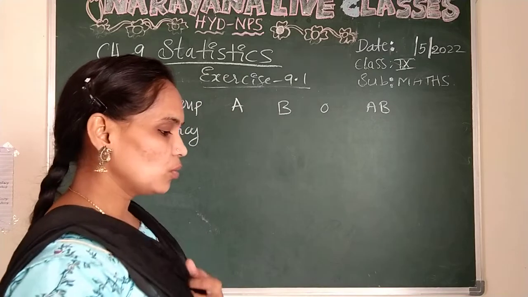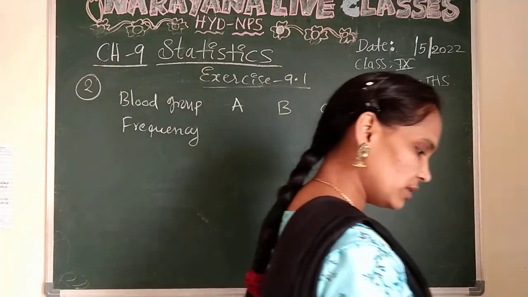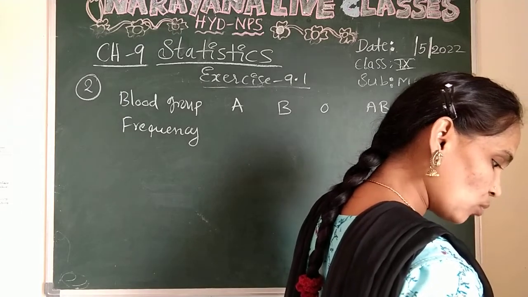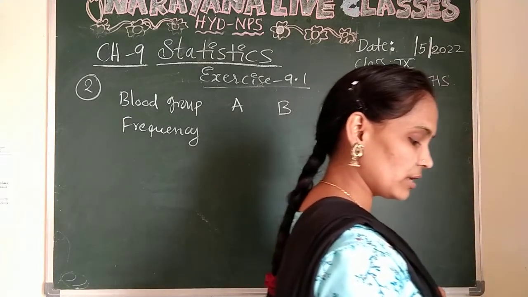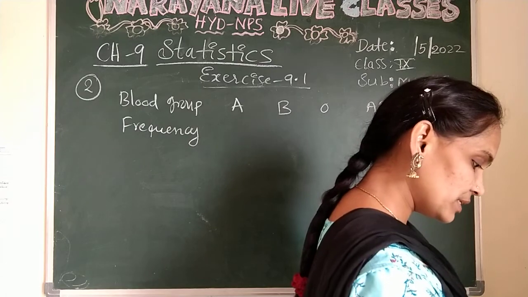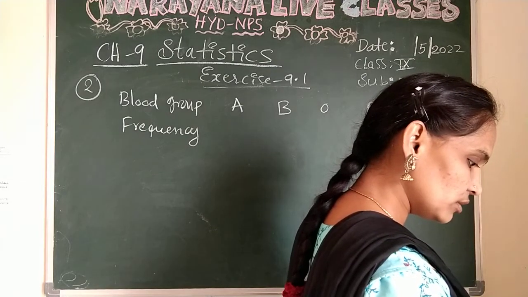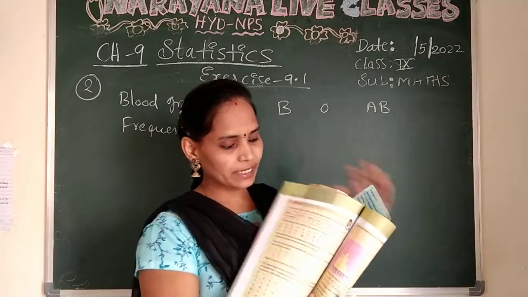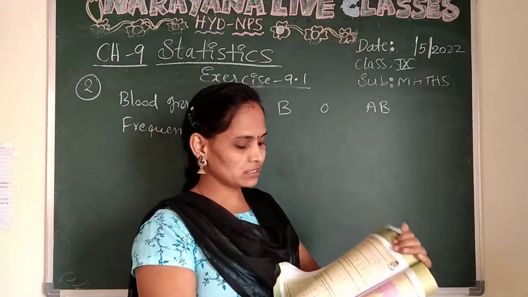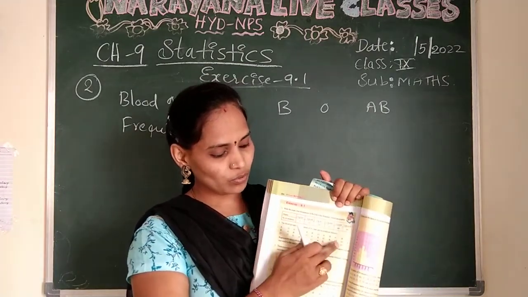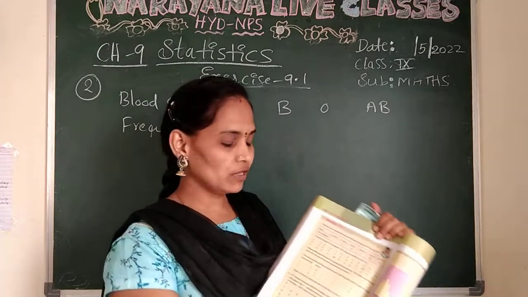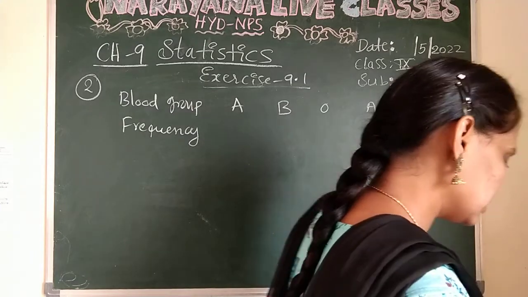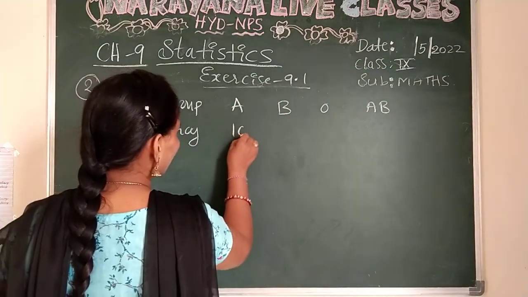Okay. Now, repeated times are given in the question. So how many times A is repeated, that we can count and write in the place of A. A, how many times repeated? 1, 2, 3, 4. Like this, they give the repeated number of times for A, B, O. So we should count, meaning A will come 10 times.